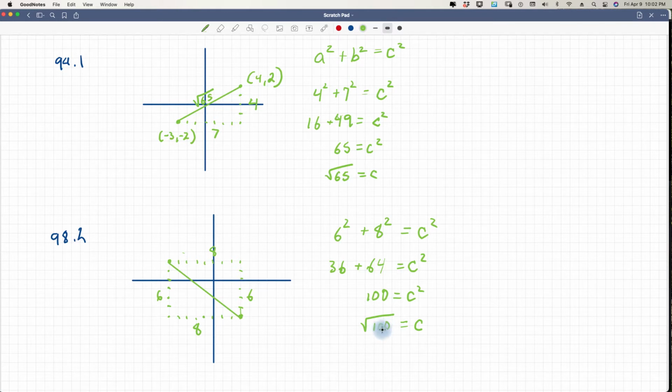And because we know that the square root of 100 is 10, we can go ahead and pull that out. So we know the length of this line is 10. Okay? All right. So we can move on. This is easy peasy. You guys should be able to pick up on this because y'all are so smart.